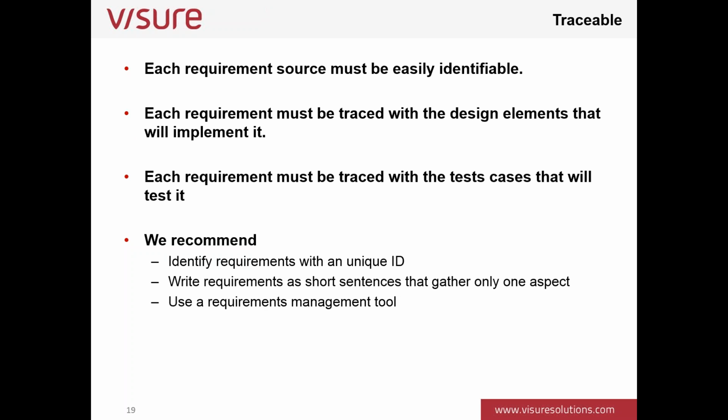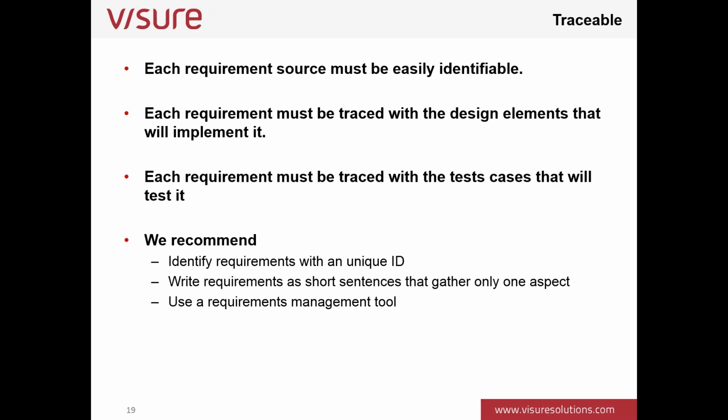Maybe the standard, not necessarily a person, but the source of the requirement must be identified along with the requirement, because that is going to be helpful if we have some conflicts or some problems with the requirement. We can just check the source and go and ask that source, okay, let's clarify this because we have this problem in this requirement. Okay, so we must be able to trace each requirement with its source.